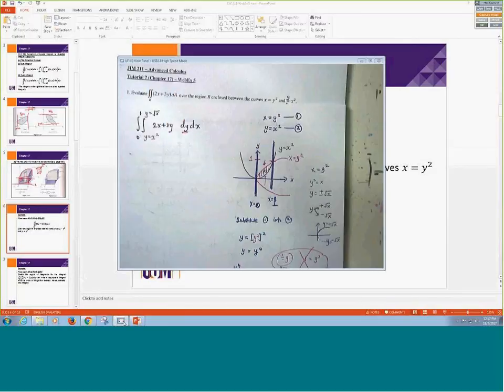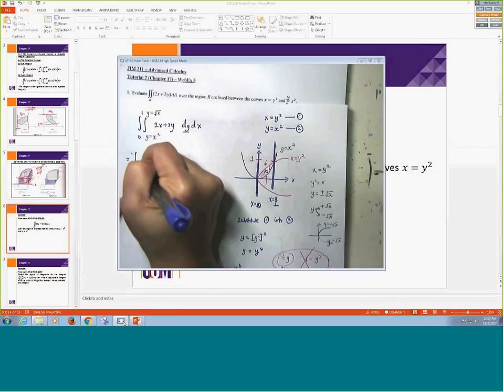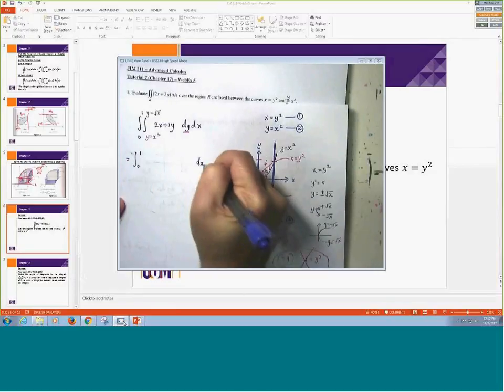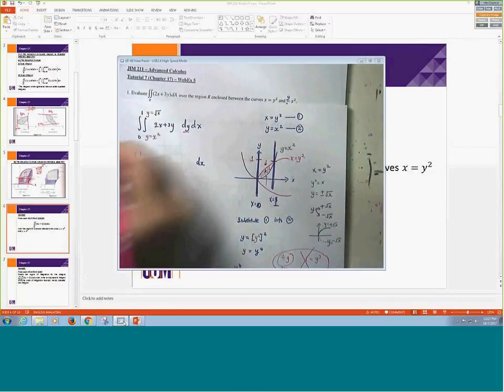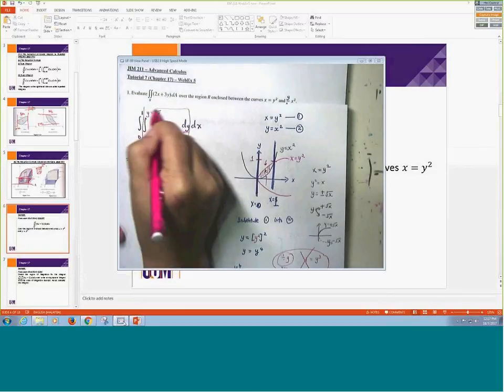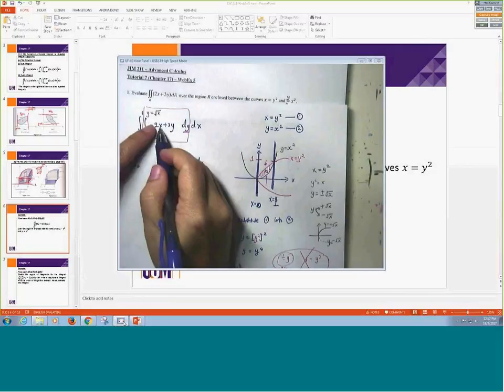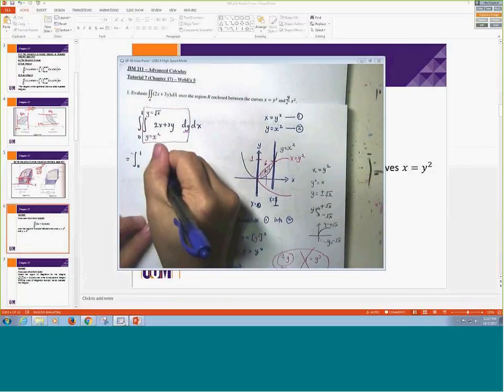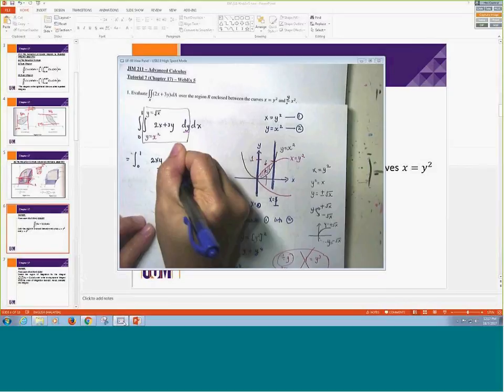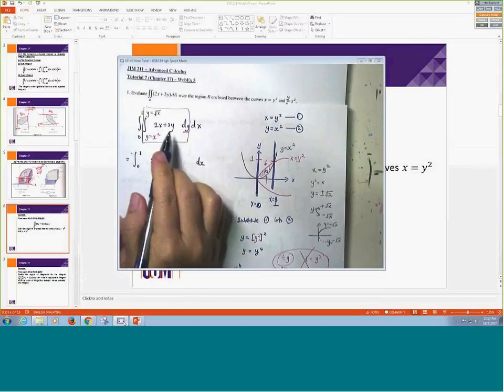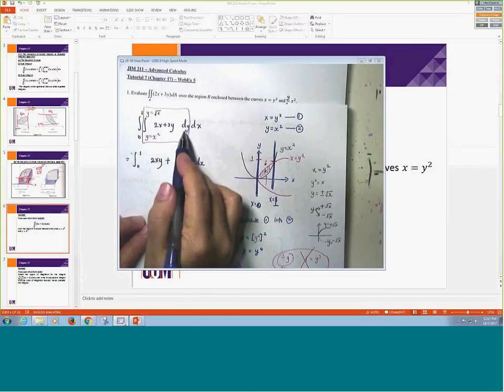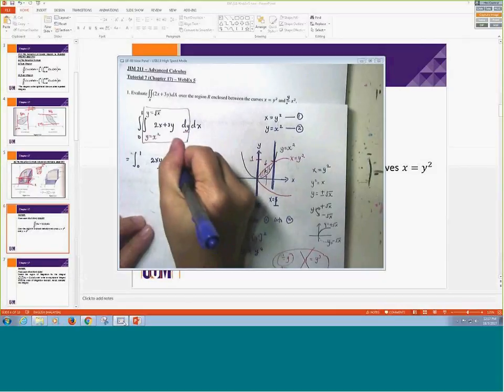So when we solve the double integral, again, solve the inner integral first. Don't forget to write this, but we solve for y first. Assume x constant. Integrating 2x with respect to y, we have 2xy. Integrating 3y with respect to y, we have 3y squared over 2.